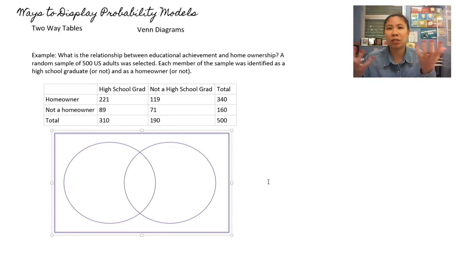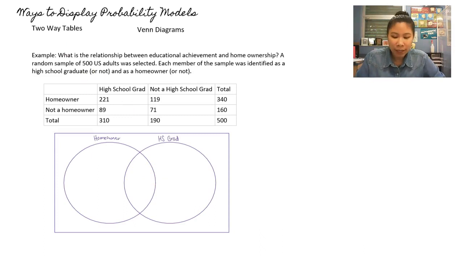So if your population is like all US people or whatever, and we're talking about if they're a high school graduate or a homeowner or not, the people outside of the Venn diagram would be the people who are neither of those things. Because in the middle, you would have to be a homeowner and a high school graduate or so on.